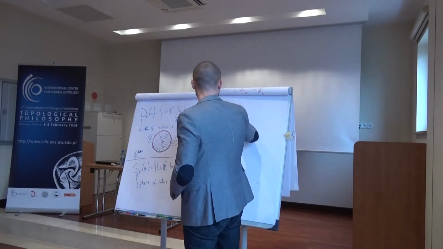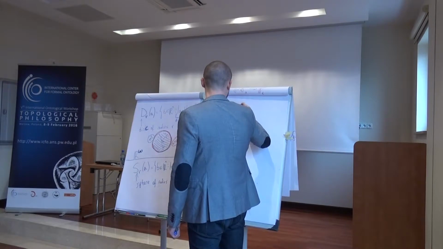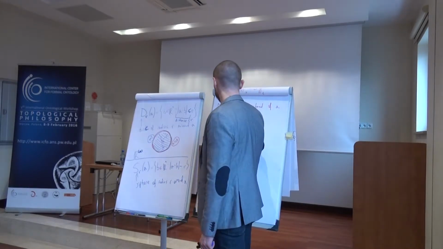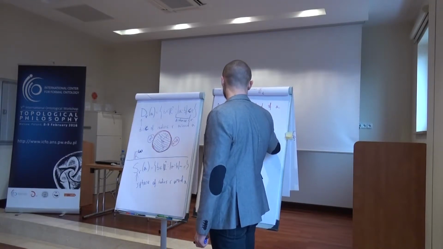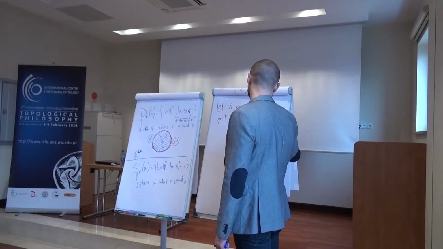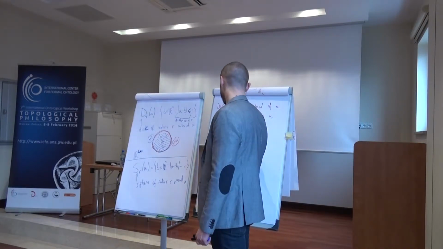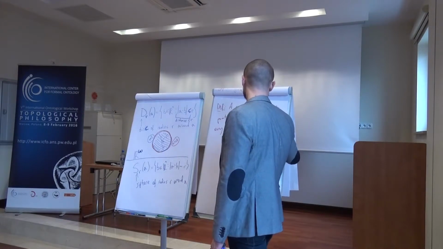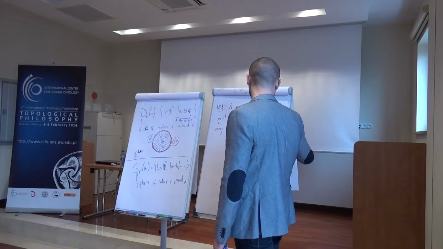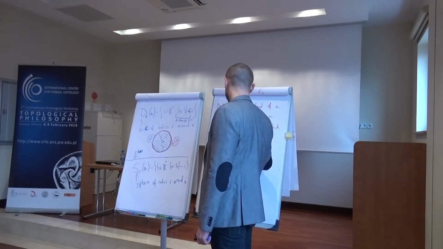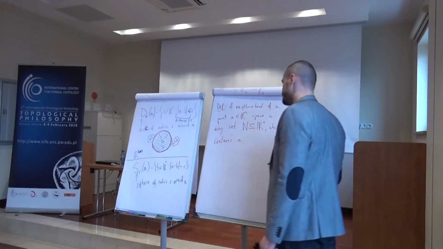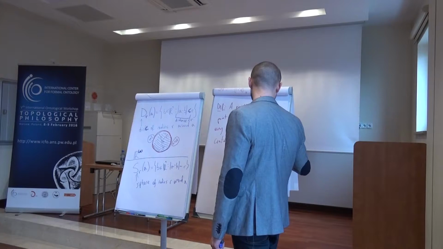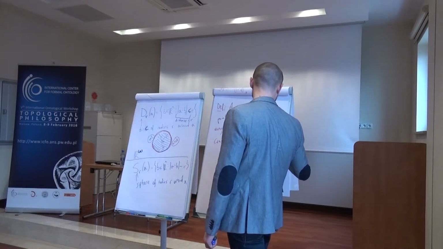Definition: a neighborhood of a point A in n-dimensional space is any set N which contains a disk around A.